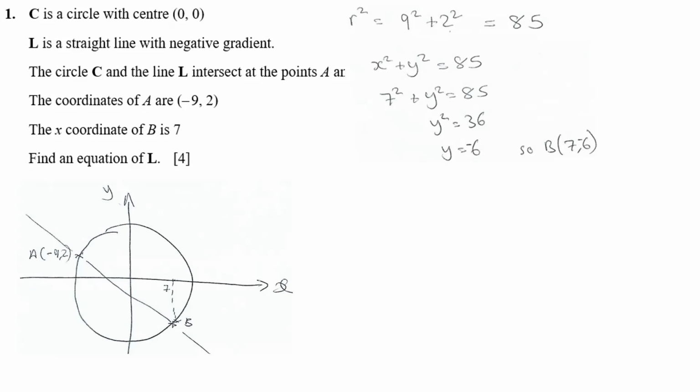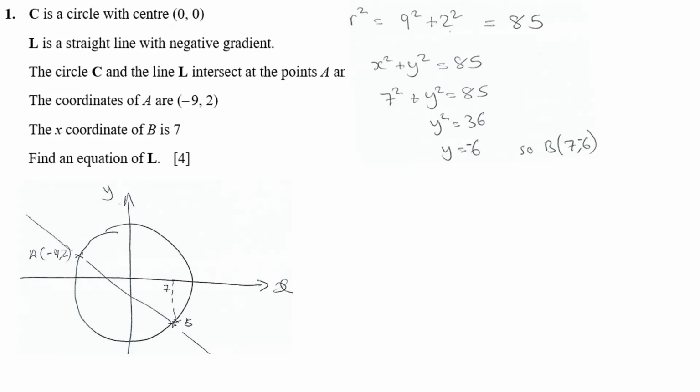Okay, so the radius squared. Now I don't need the radius, I just need radius squared for the time being. Also, we know that x squared plus y squared is r squared, so it must be equal to 85. On the other side, we know that the x coordinate is 7, so 7 squared plus y squared must be equal to 85.